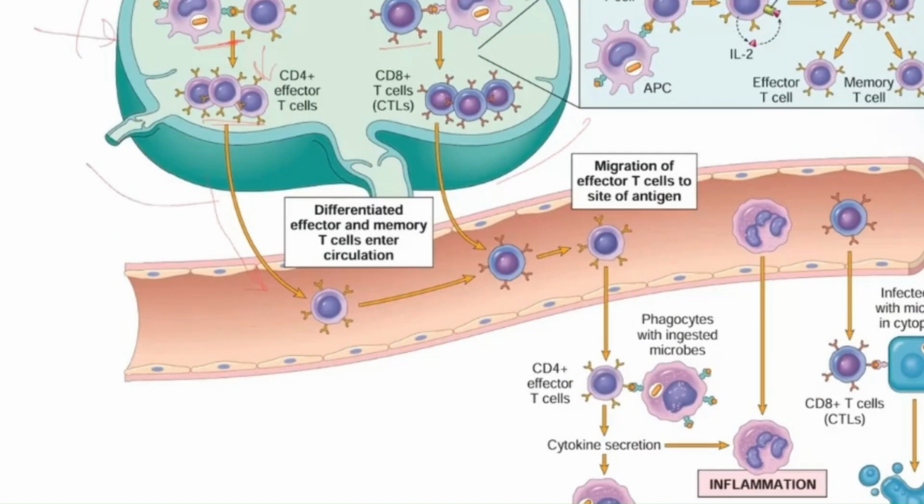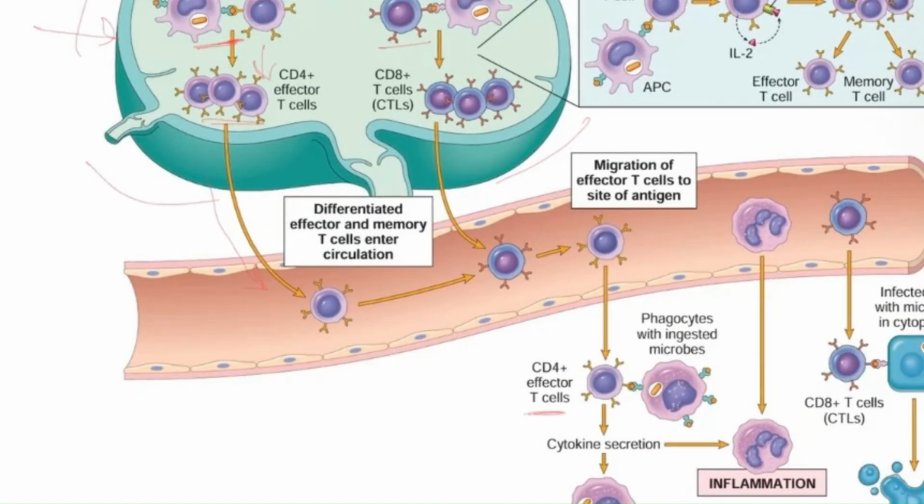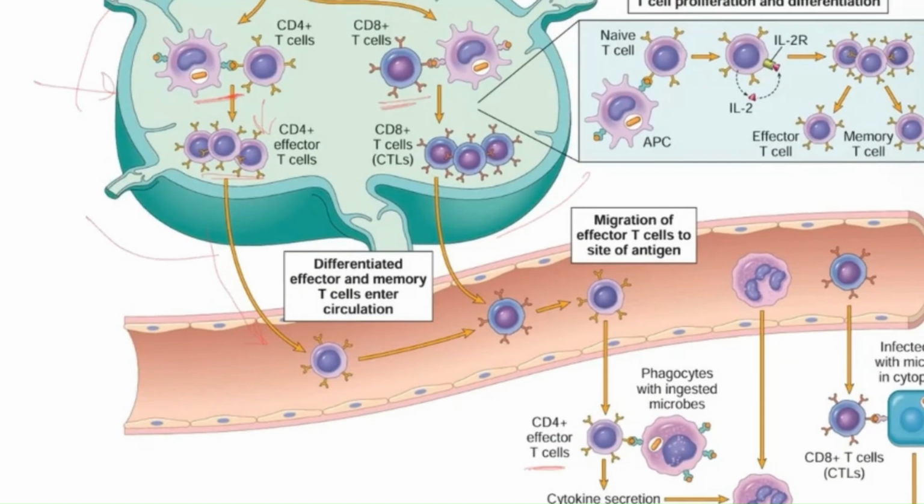Look at it here. The effector CD4 cell will now recruit other cells, like macrophages, for example, to kill the pathogen, or the CD8 positive T cell to go and destroy the pathogen. So this is a broad overview of the whole process of B and T cell activation.